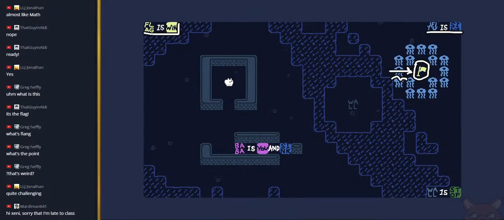So let us assume that any object pushed into the jelly will sink it. Well, how about this? Let's take this word and push it into the jelly, so that we may be able to cross.